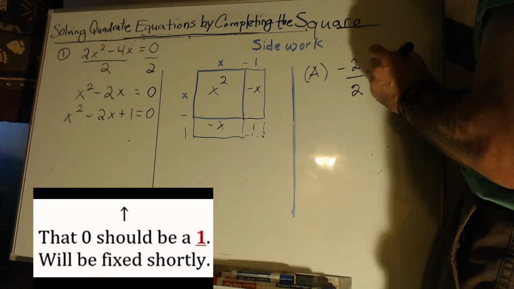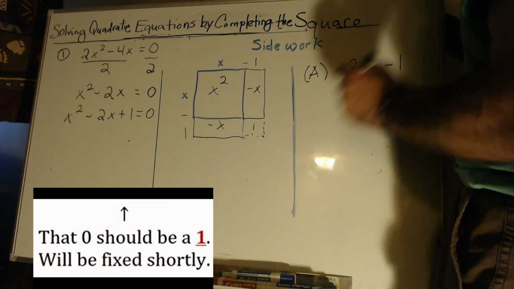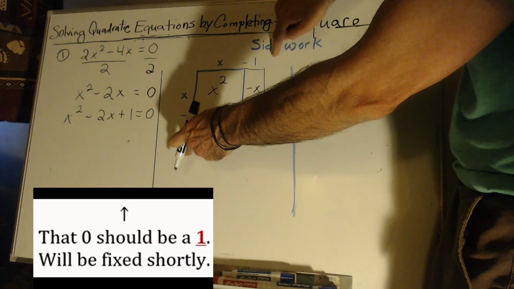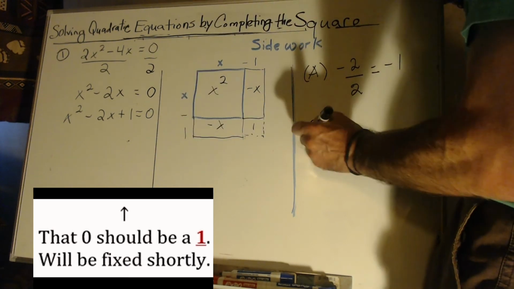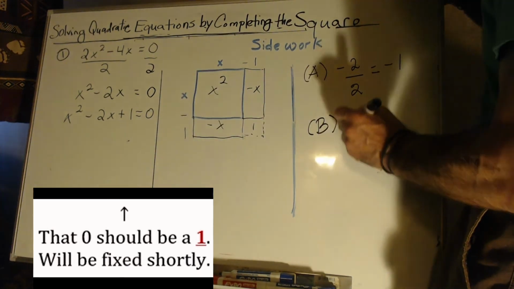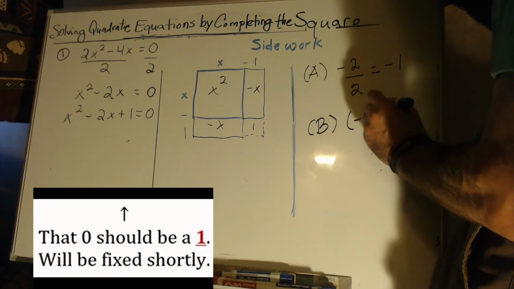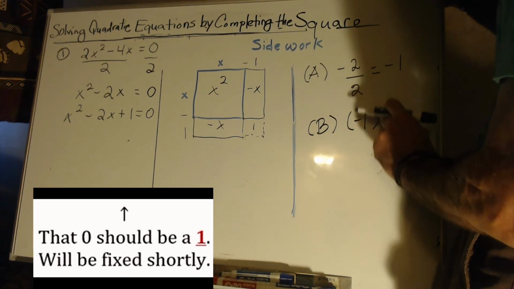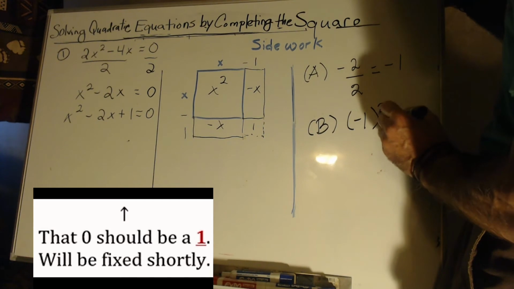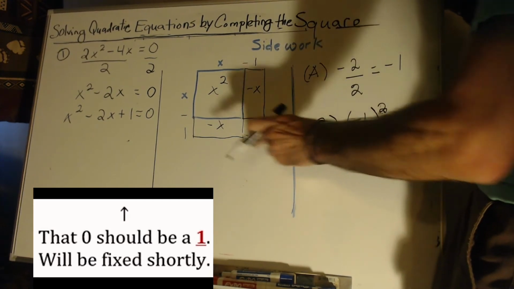That will give us negative 1. And we're seeing where that shows up here. Then square it. And that's going to give us a positive 1. We see where that is.